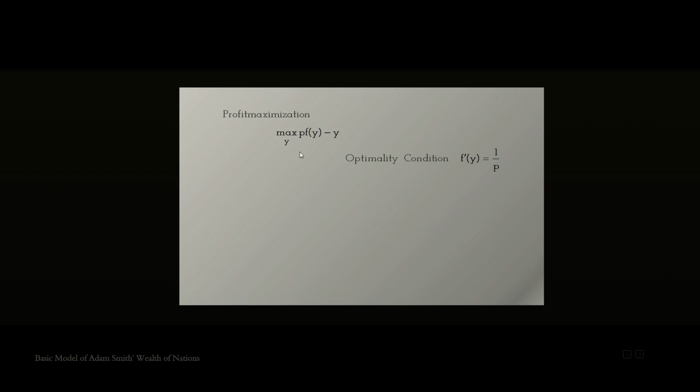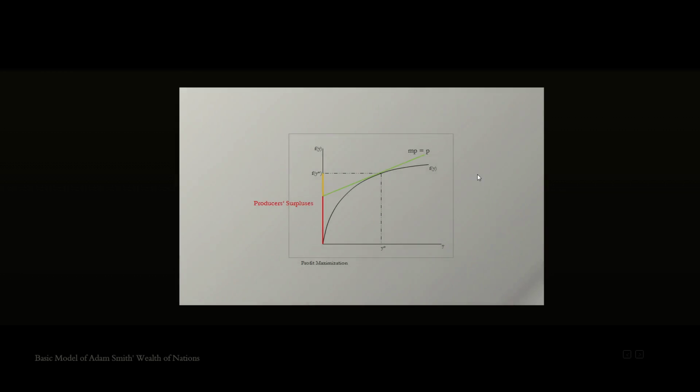We derive the optimality condition: marginal productivity equals the output price, or the reciprocal price respectively, meaning a firm will maximize its profits by adjusting its marginal productivity to the price, and by doing so will actually generate this very price.